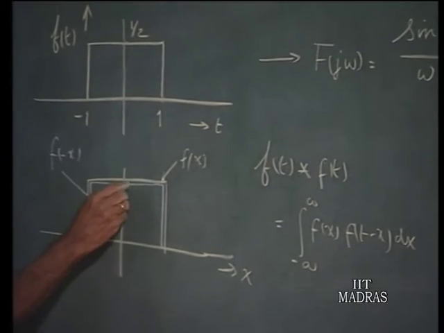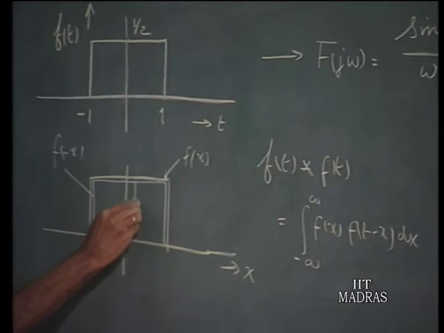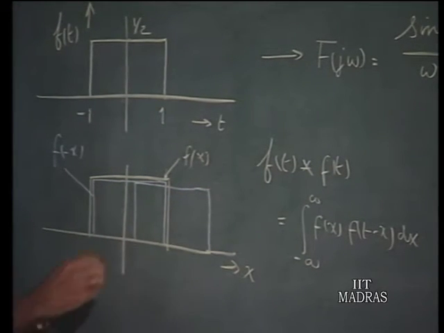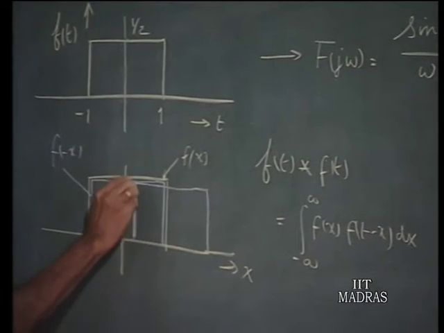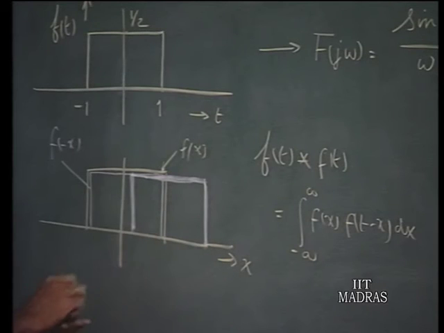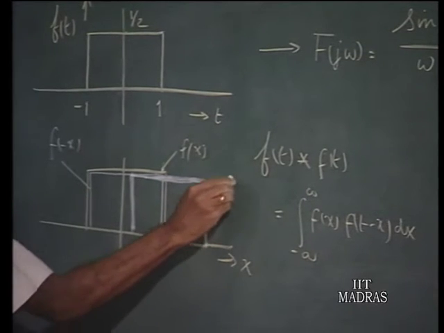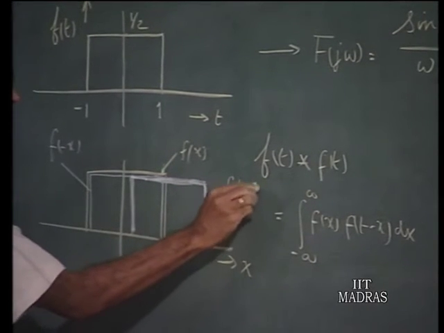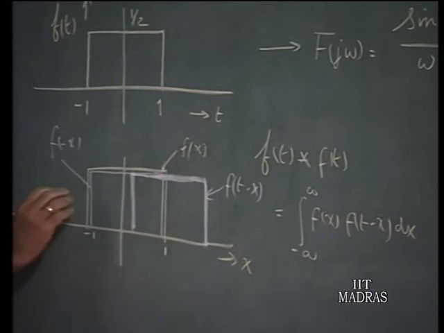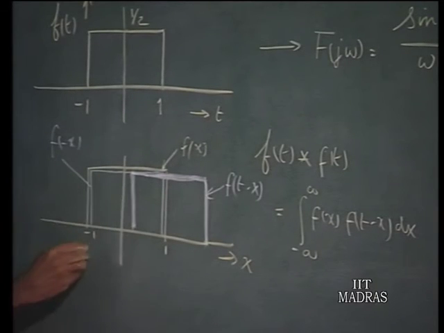So, that would be obtained by, let us say, this curve, which I would like to say is f of t minus x. So, originally this was minus 1, this is 1, and I push this forward by an amount t, therefore, this interval equals t.